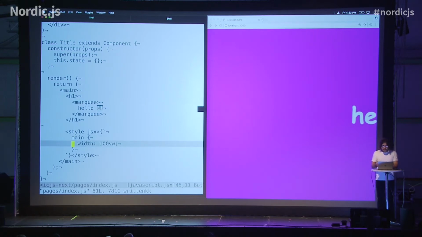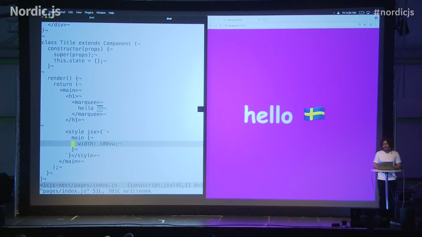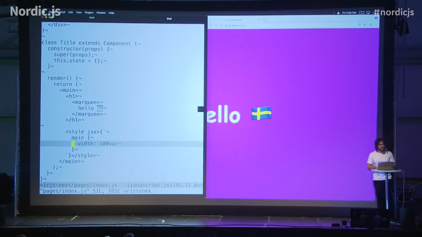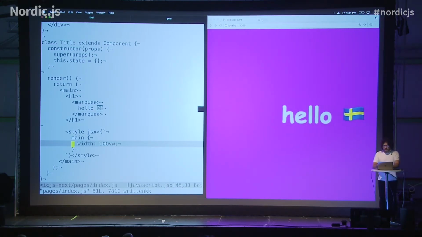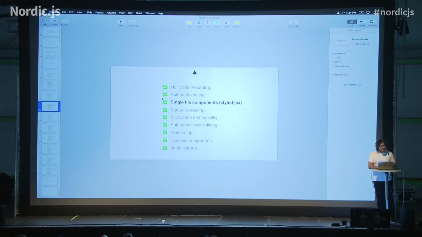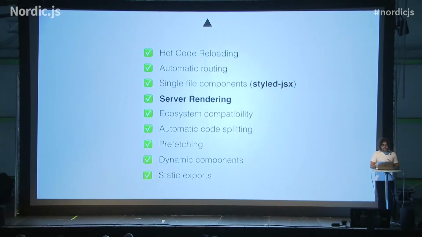So now we can see that we can retain all the paradigms that we already have in React, such as component composition, but we brought in the idea of styling as a first-class citizen that also works with another feature that we're going to talk about, which is server rendering. So server rendering allows us to decide ahead of time how much content is going to come with the page.